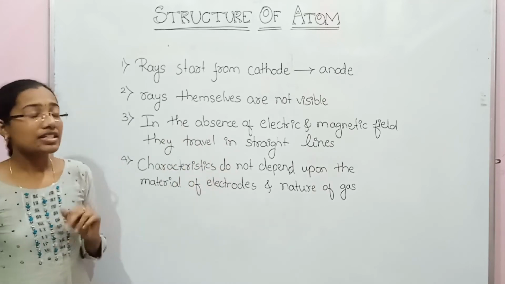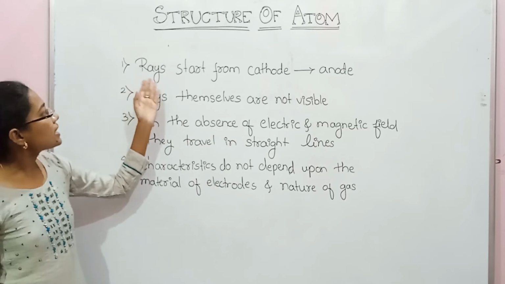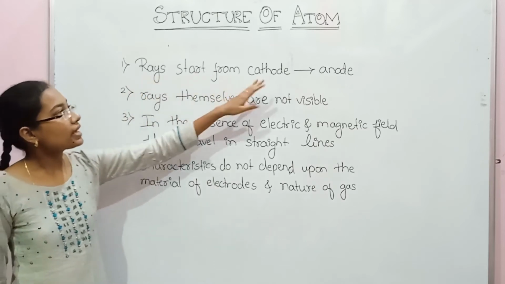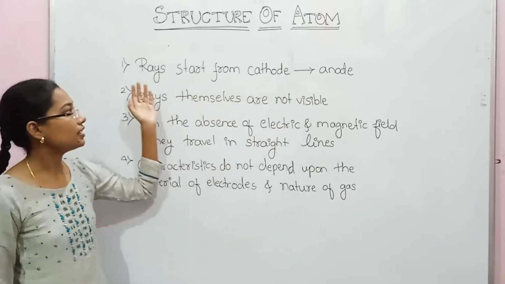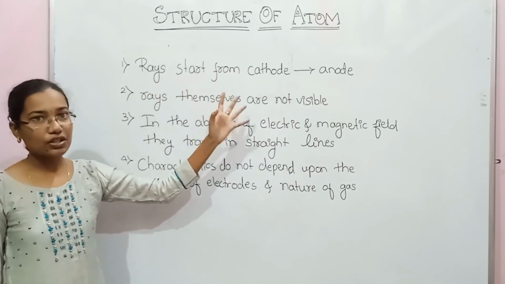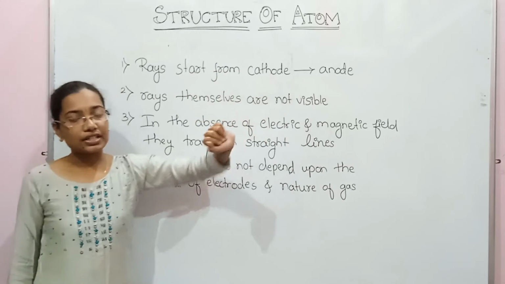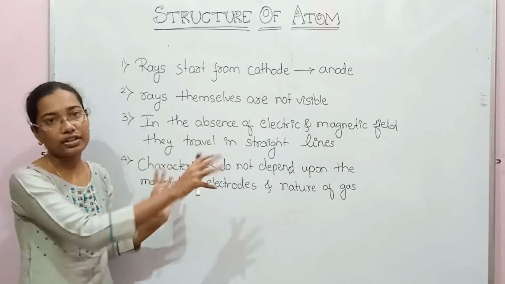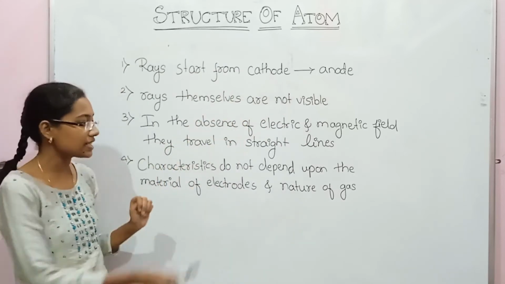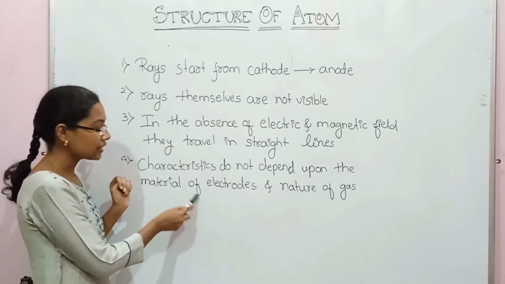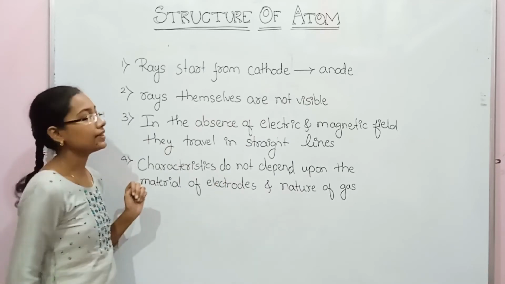Okay, what is the first one? Rays start from cathode to anode. Here, rays of electrons start moving from the cathode end to the anode end, which we have already seen in the experiment.